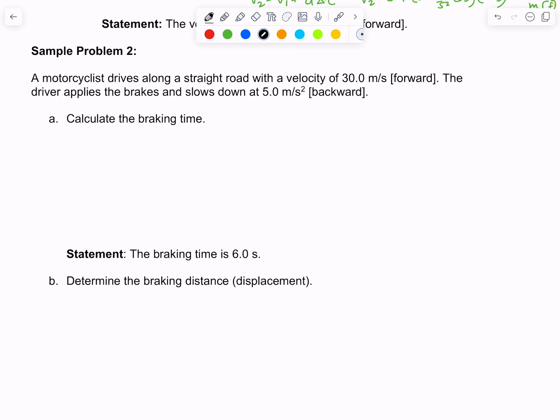We know that the initial velocity of the motorcycle is 30.0 meters per second forward. We know that he's accelerating at 5.0 meters per second squared backwards.